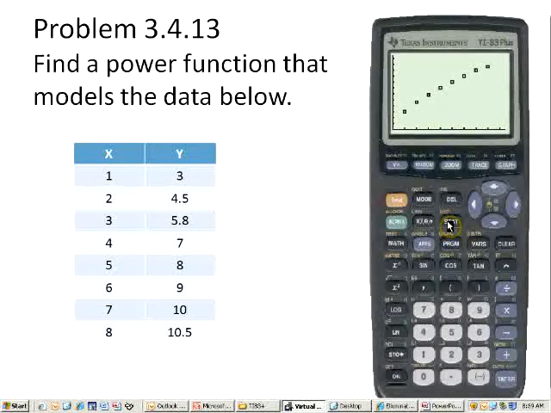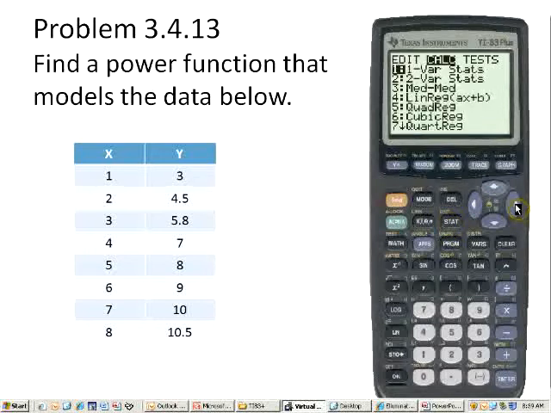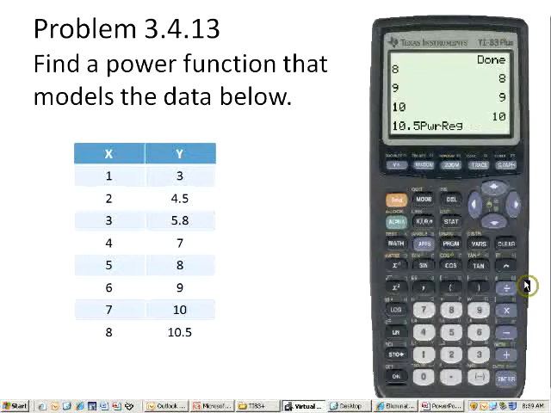To find the power model that fits this, we're going to go back to Stat, scroll to Calc, and now we're going to scroll down till we find the power regression. Here it is, letter A, power regression. So we're going to hit Enter.